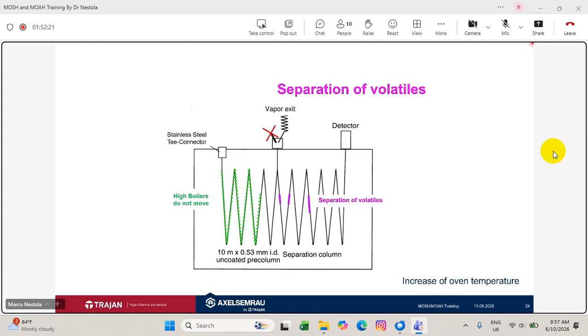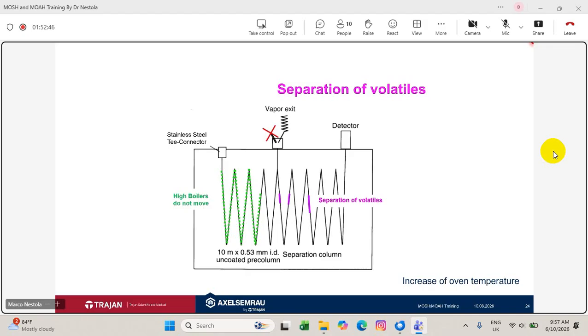Maybe I can paint that. It should be like a multiple choice. Now we are not doing multiple choice. But let's say that's our separation column, FID. And we are injecting our sample.